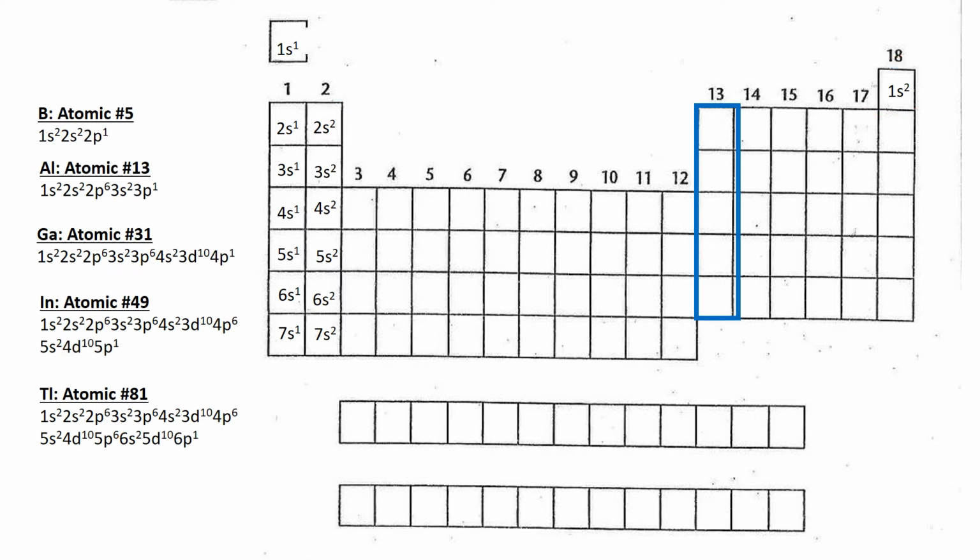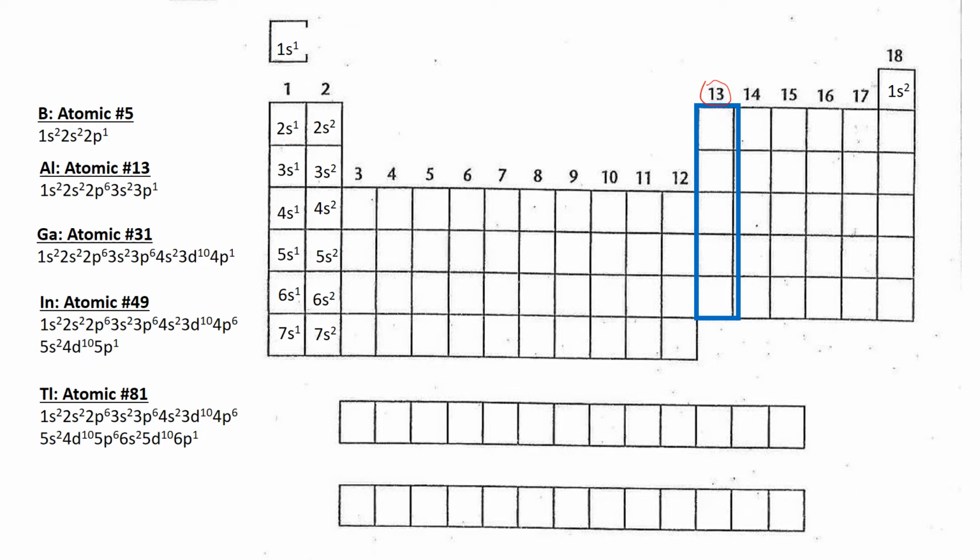All right, so let's see if this pattern holds for other columns on the periodic table. If we were to continue across row 2, our next column that we would hit would actually be column 13. So that's where we're going to go next. And I've already filled in all of the different elements and their electron configurations for column 13.